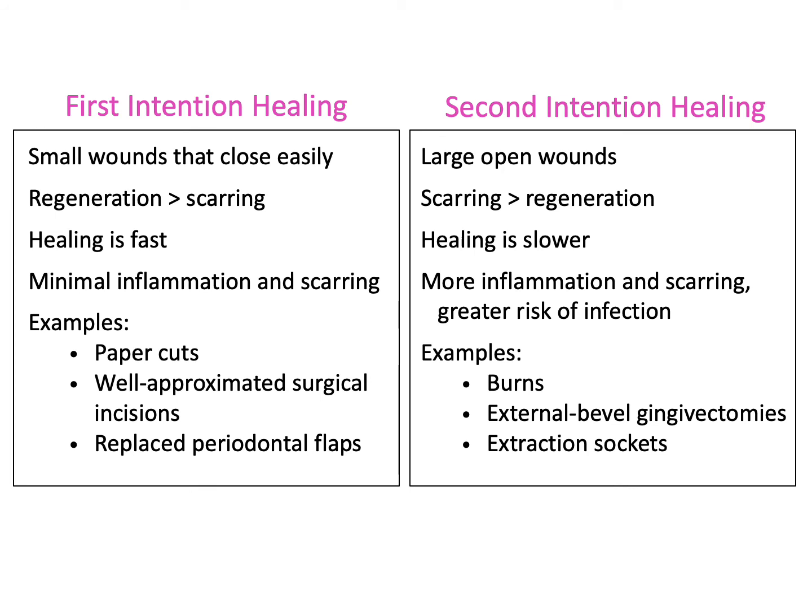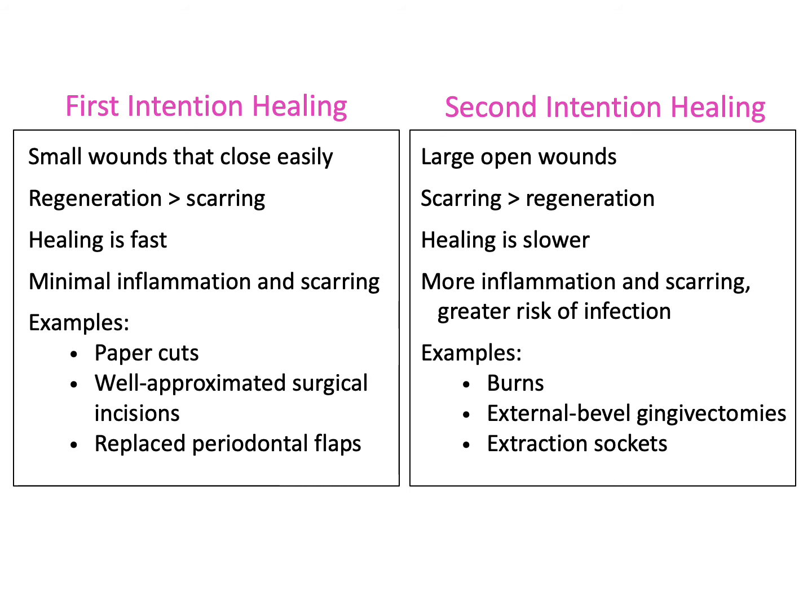In first intention healing, regeneration predominates over scarring. You're going to have some of both, probably, depending on the depth of the wound. If it's a paper cut, you won't really have scarring. But if you can pull the edges together, the wound is going to heal with more regeneration than scarring.